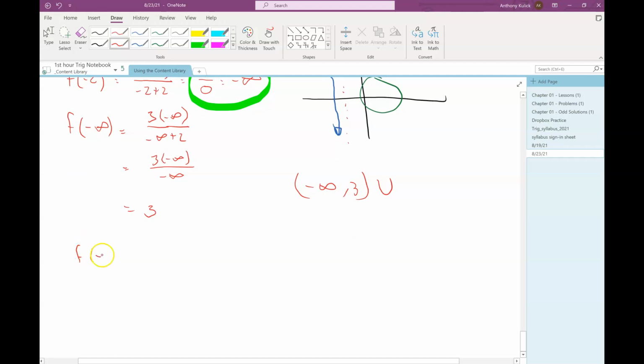So now I have my lower bound is negative infinity, and my upper bound is coming from negative 2. And these are going to give us the same values.